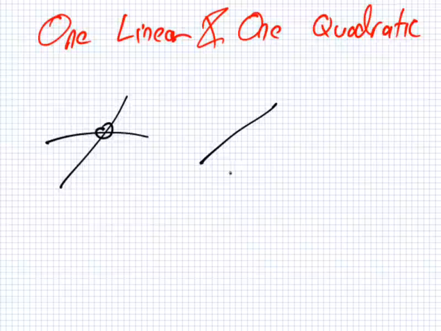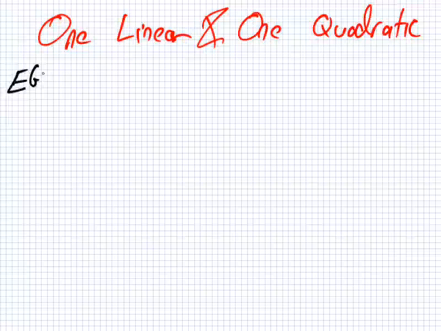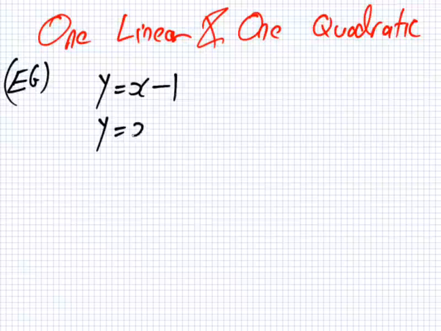Previously in math class, you have seen how to solve two linear equations and find this point. What we're going to have a look at today is how we can solve one quadratic and one linear.